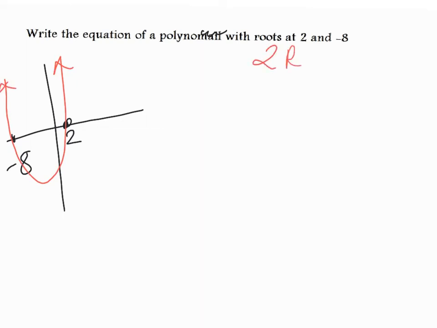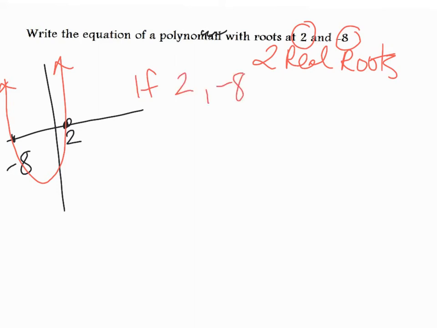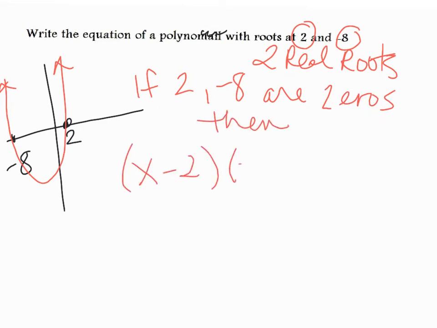It has 2 real roots, and I know that because both of these numbers are real numbers. If 2 and -8 are zeros or roots, then x minus 2 and x plus 8 are factors.